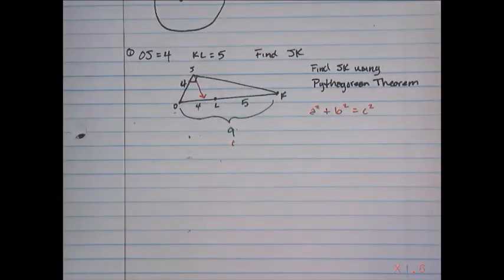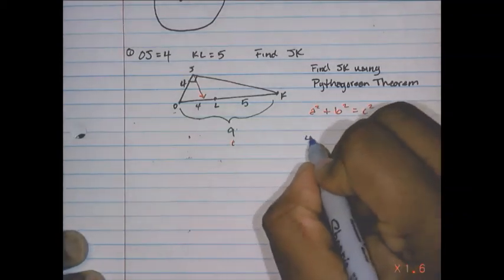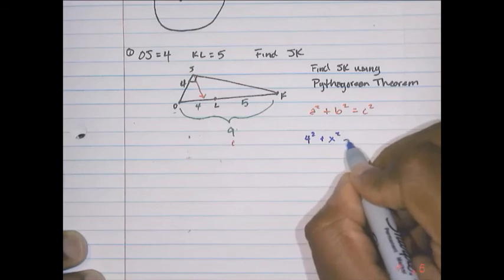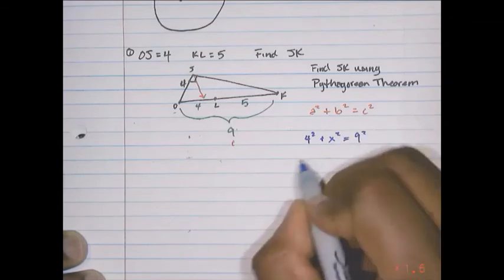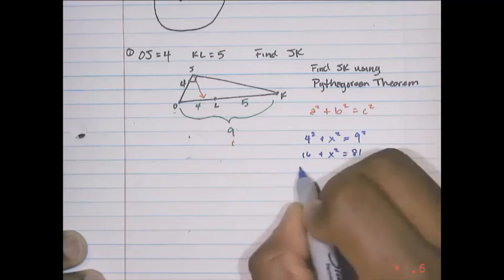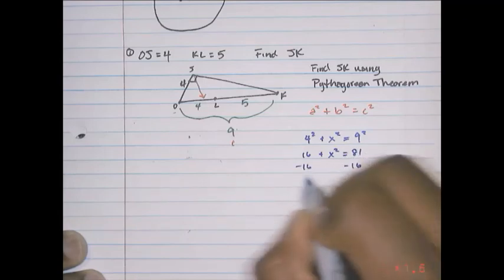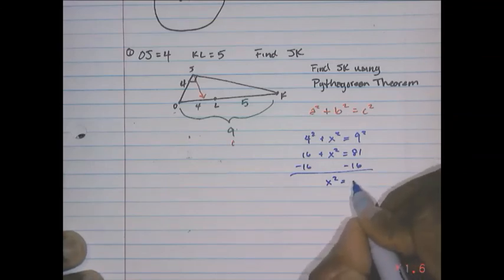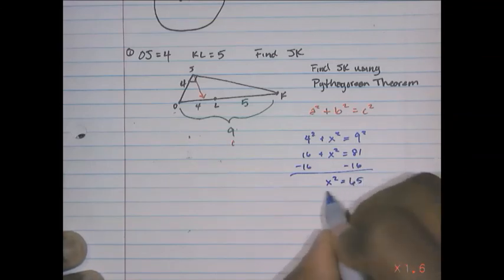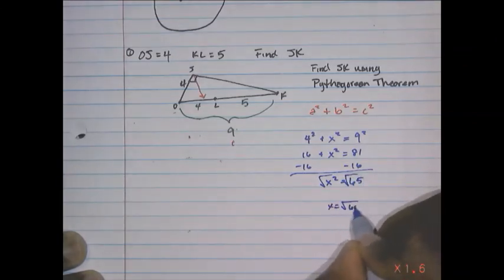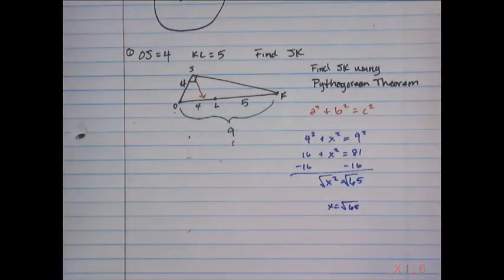So now we just substitute and solve. We have 4 squared plus the side we don't know, which we'll call x squared, equals 9 squared. That's 16 plus x squared equals 81. Subtract 16 on both sides. x squared equals 65, and we take the square root. So x equals square root of 65, and you can leave it just like that.